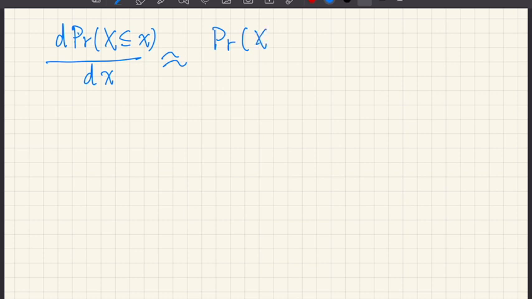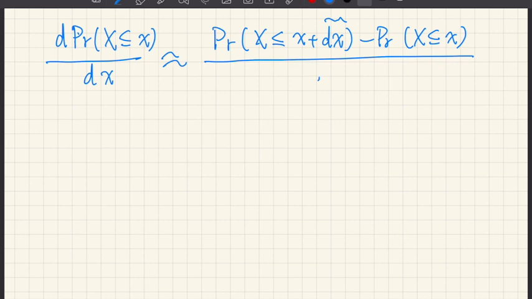Let's write the probability that X is less than or equal to x plus dx, where dx is some infinitesimal positive number, divided by dx. And this should be equal to the density function.